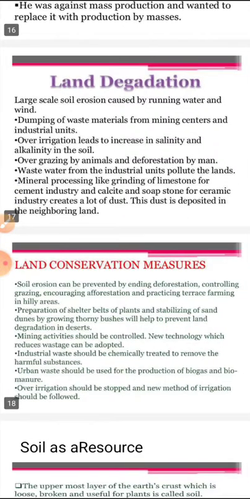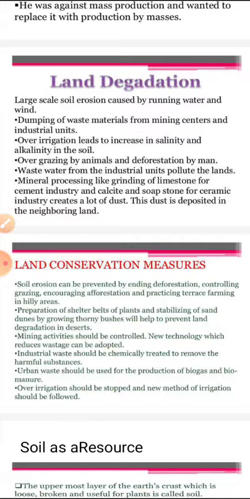After that, we'll discuss land degradation. In a very simple sentence, the process by which land becomes unfit for cultivation is known as land degradation. In India, land has been degraded in different ways.